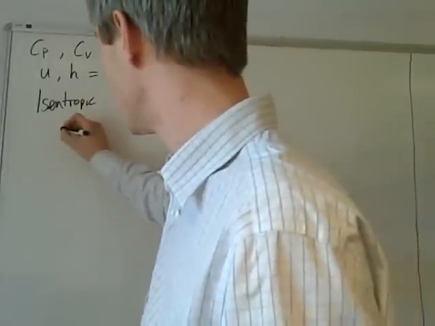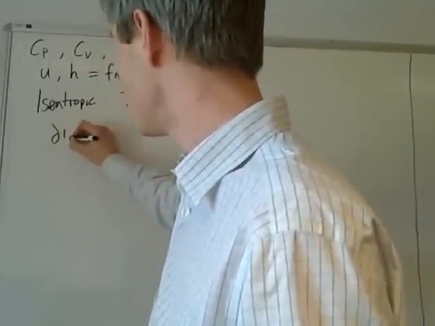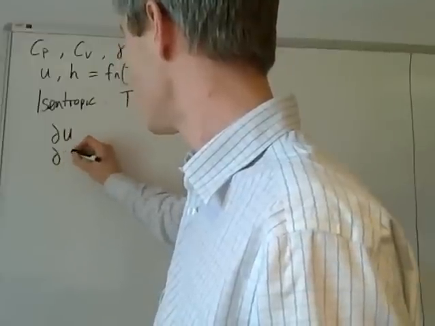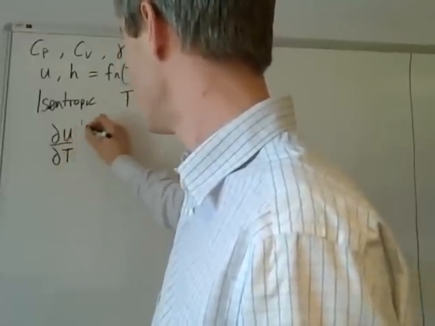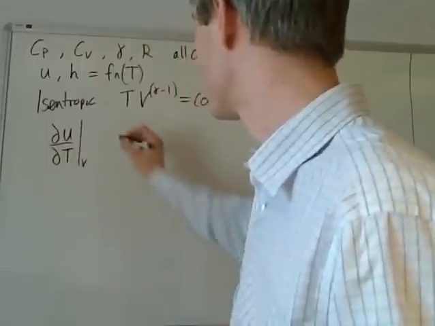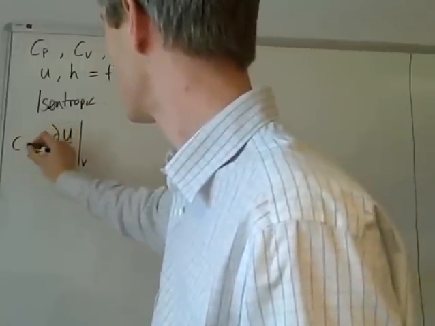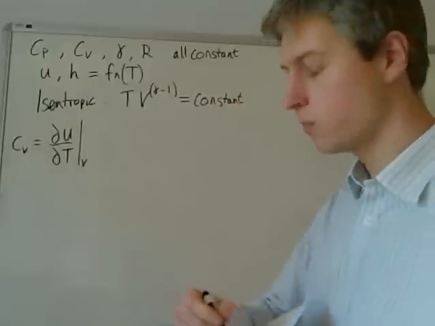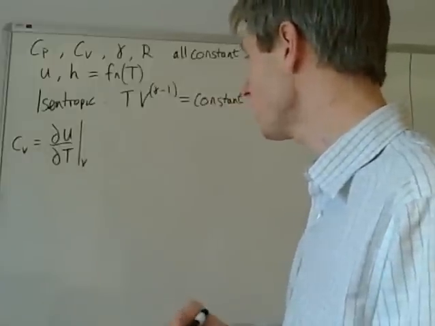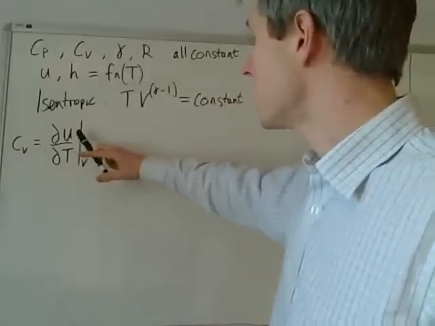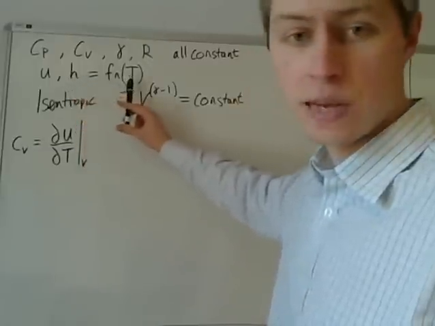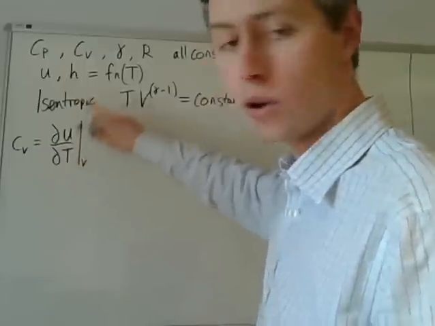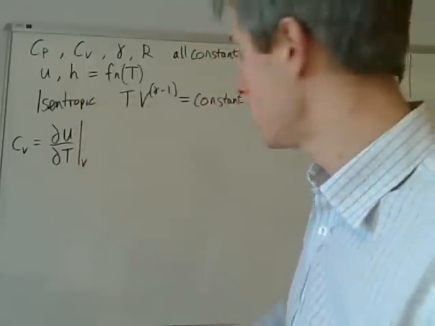It's the partial derivative of the specific internal energy with respect to temperature at constant volume. This is a specific constant volume heat capacity. However, we know that u is only a function of temperature for a perfect gas, so we can actually drop the constant volume condition here.